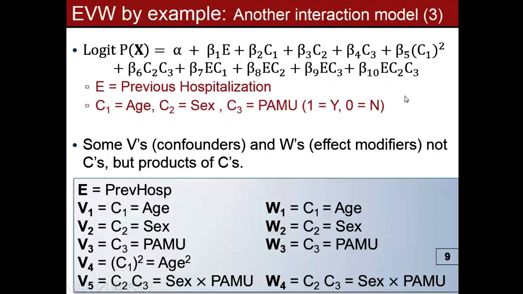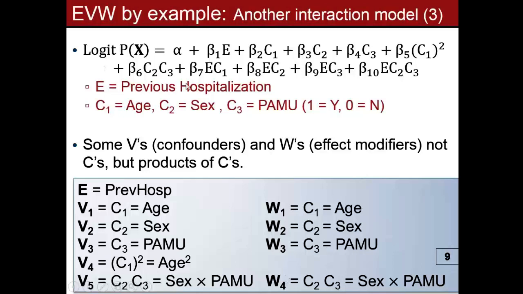And then here we have a three-way interaction of exposure, C2, and C3. And that is itself a W. So you would say E times W4. This represents the interaction of sex and PAMU, and that's multiplying the exposure. So we're rewriting a three-way interaction term as just E times W4, and it's going to simplify things a whole lot.